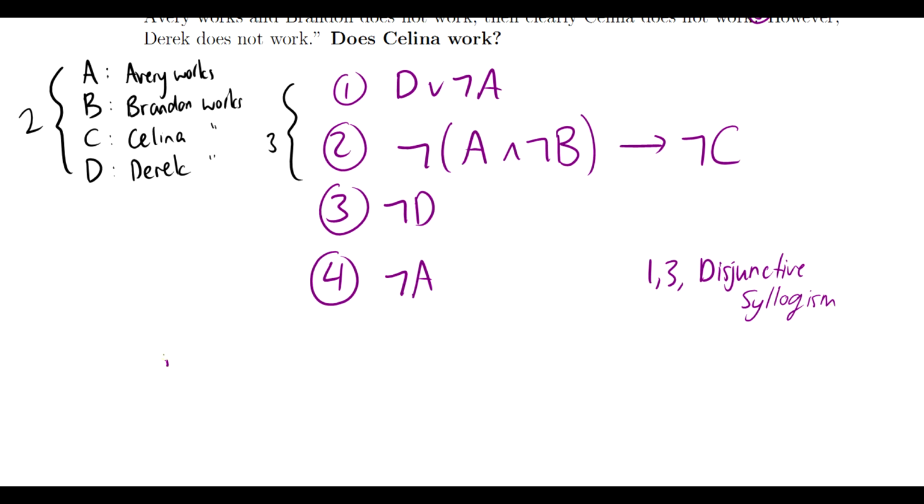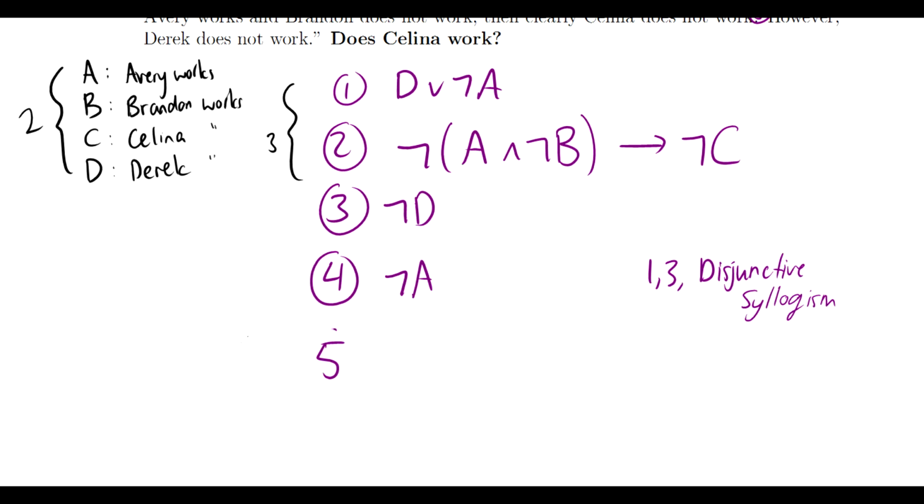But when you have alpha or beta, and then you get not alpha, then at least alpha or beta has to be true. So we know alpha is not true, therefore it must be the case that beta. So we did the same thing here. We said D or not A. Well, not D, therefore it must be not A.